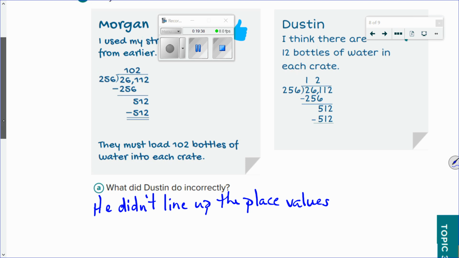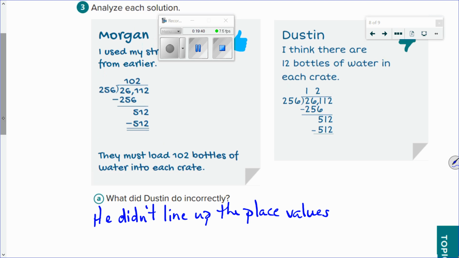The reason was he didn't line up the place values. When he did the 1, where should that 1 have been written? It should have been written in the hundreds place, because 256 goes into 261 once. That was correct. And when he subtracted, he got 5 left.